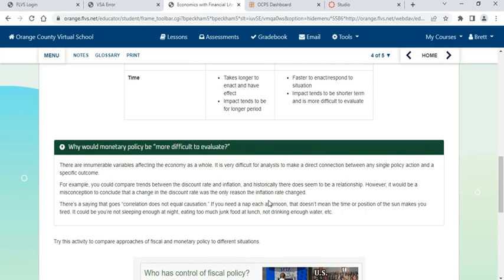Remember, fiscal policy is directly changing government spending. Like we're magically creating a job. We can just hire more workers, or we can just cut the taxes and give people more money and they can go out there and spend that tax break. But with monetary policy, we're just lowering or increasing interest rates and hoping people will borrow more money or borrow less money.